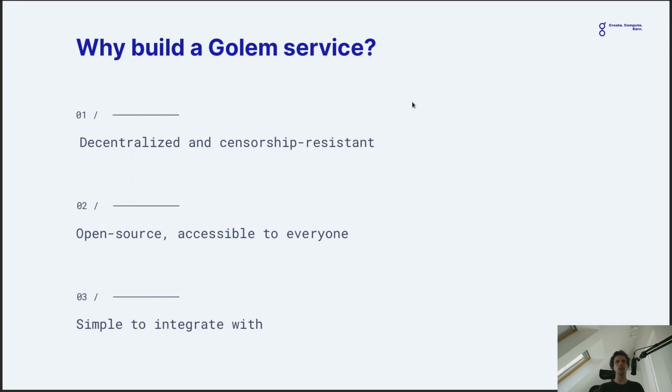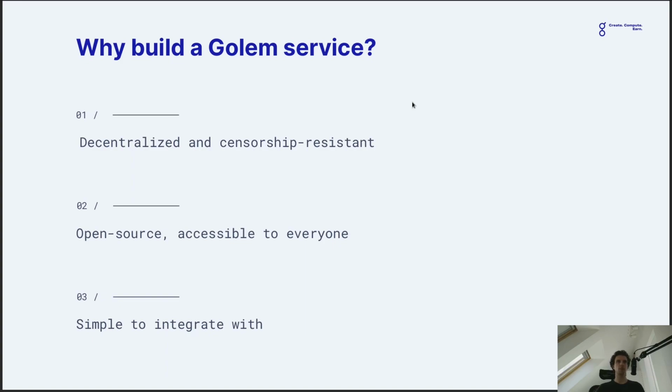And finally, we've put a lot of effort into those new high-level APIs that I've already mentioned, to make sure that it's simple to integrate with Golem, and that it's simple to run whatever you need to run within this network.